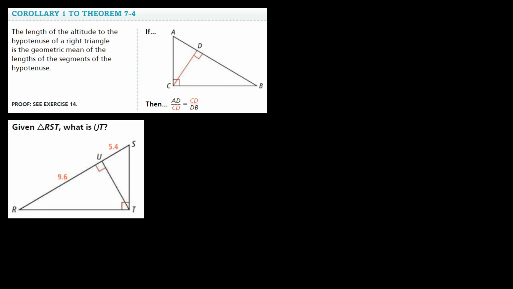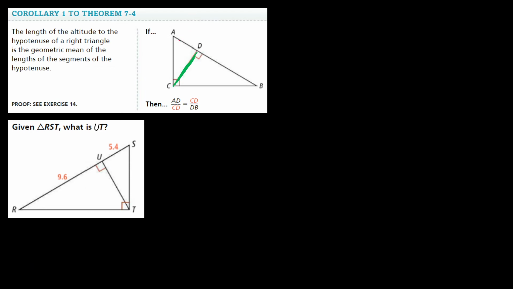So we're going to use that concept in triangles to find missing side lengths. The first corollary, or follow-up to the theorem we examined about the altitude in right triangles, is the length of the altitude going from the right angle. So that in this diagram it's CD. This altitude is the geometric mean of both parts of the hypotenuse.